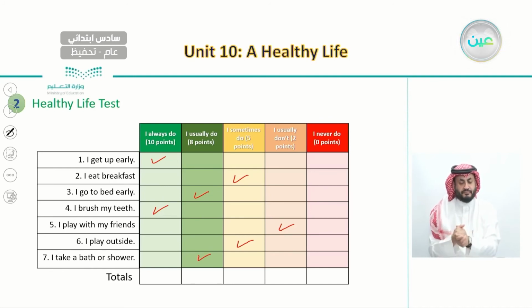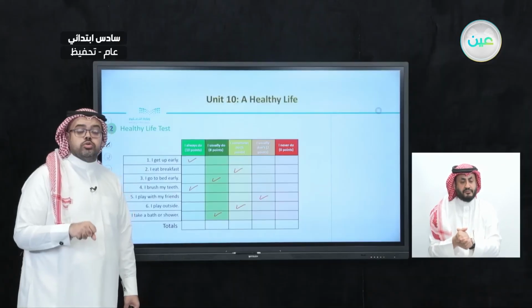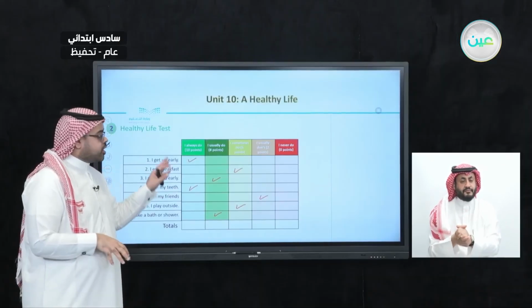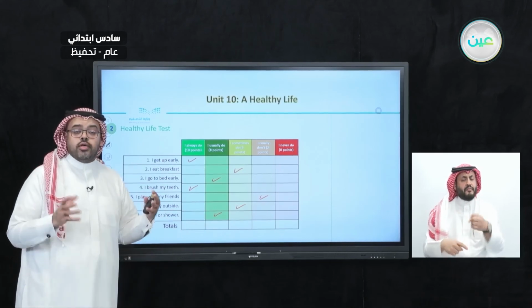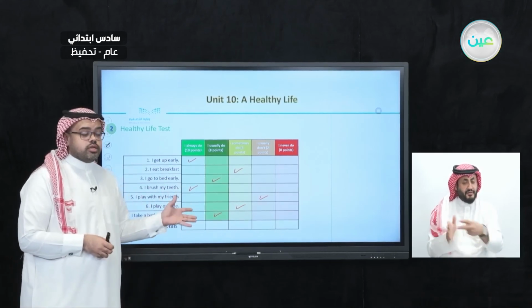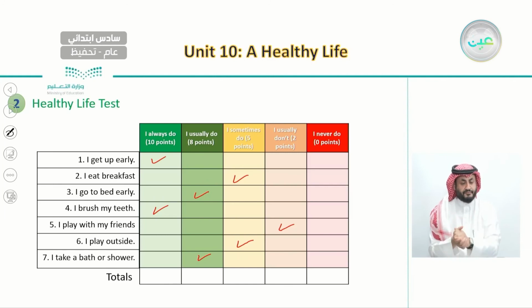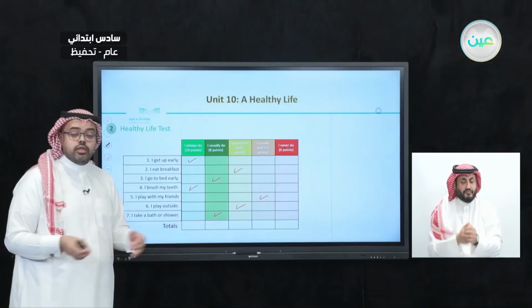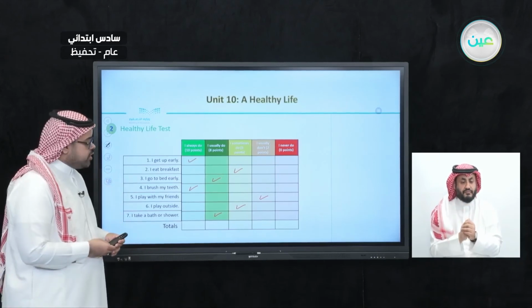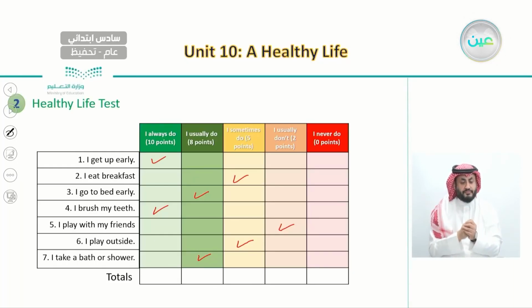So after you finish and after you answer these questions, what you need to do is to count or calculate the number that you got here. So here, for example, here I always do, here you have 10 points and another 10 points, then this is what makes 20 points. So here we're going to write 20 points.